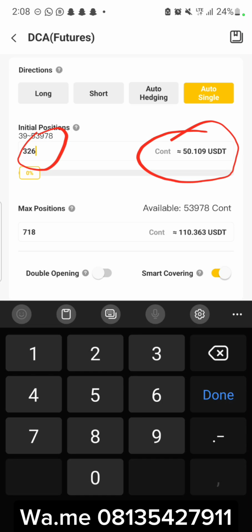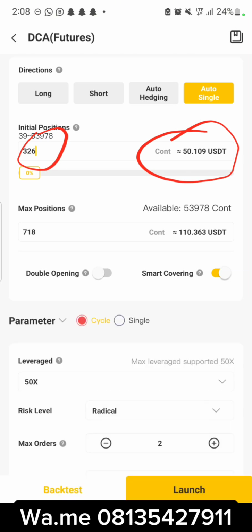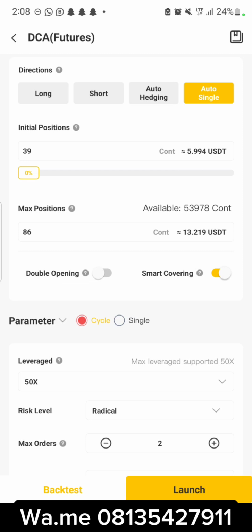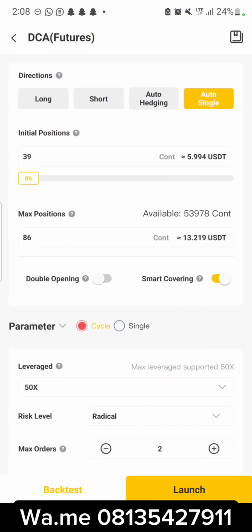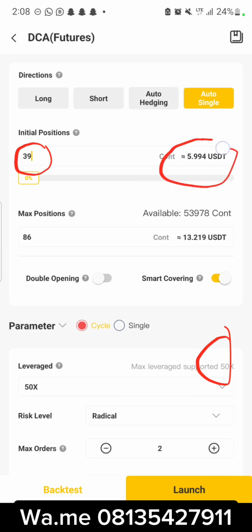If I still use the other formula I mentioned, you can still get it. Now let's assume I go back to this place. This was the initial position, 39. Now let's go to your calculation: initial position times leverage divided by this count.